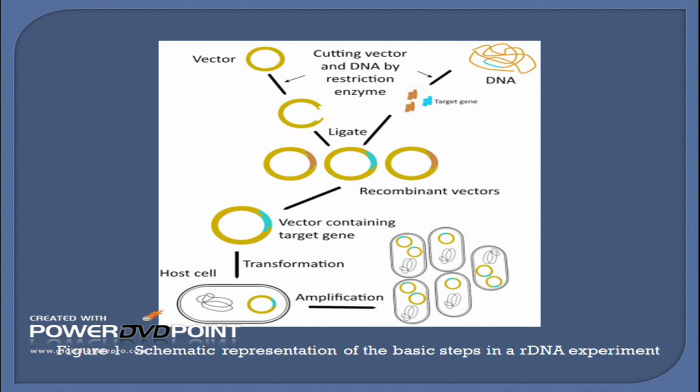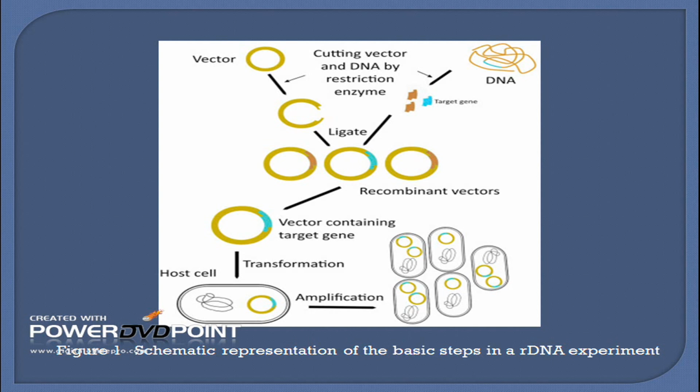The vector which is shown in the middle with the blue fragment, that is the gene of interest, and this vector is only to be cloned further. The rest two are of no use. So our recombinant vector is the one which is containing the blue fragment. Now this vector is selected and it is inserted into the host cell by the process of transformation.